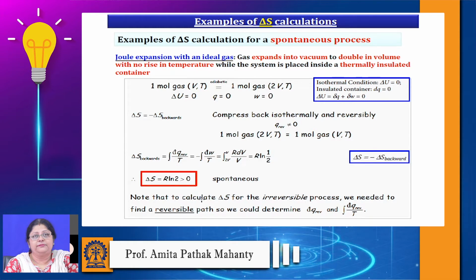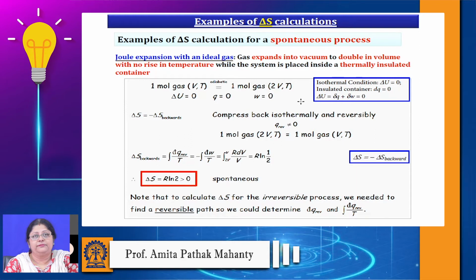So if you have understood, what we did is we calculated delta S for an irreversible process. We chalked out a reversible path to determine what will be dq reversible by T. Okay. Here, since I have done an isothermal process, I have taken that dq reversible is not equal to 0, but initially the dq reversible was 0, right?